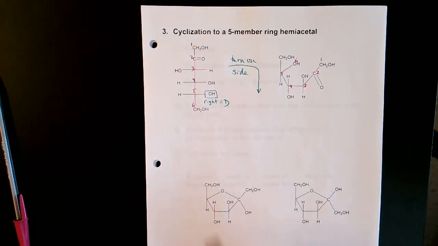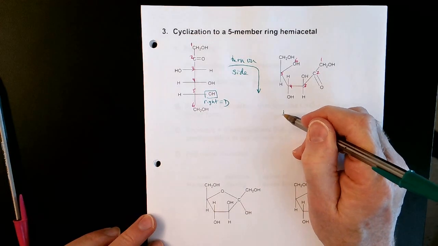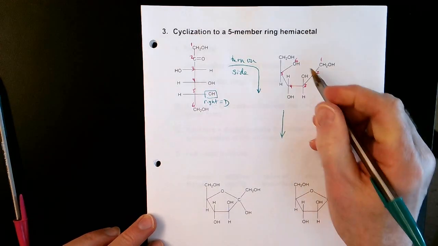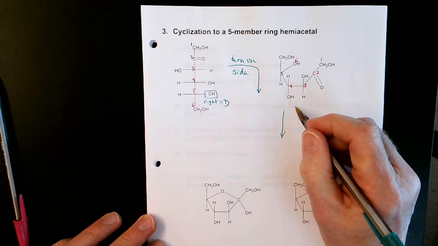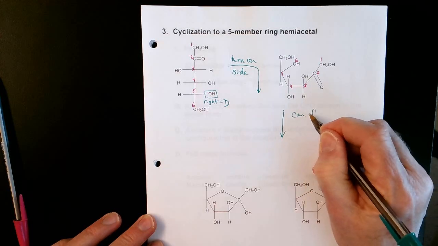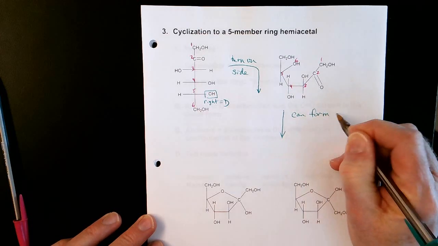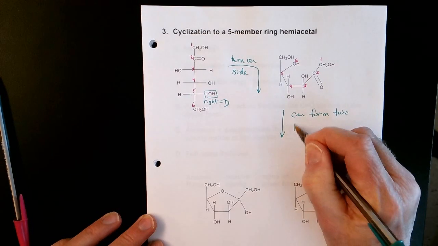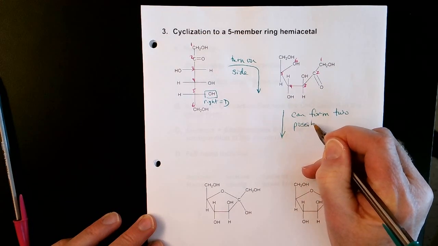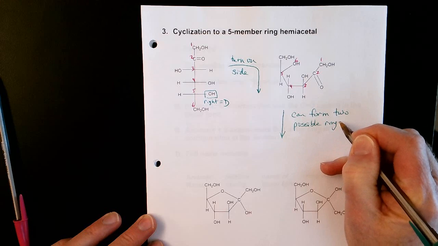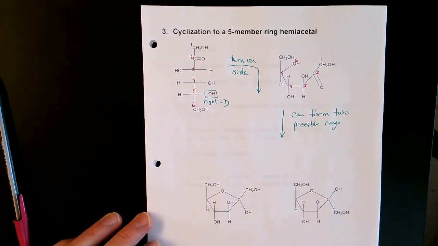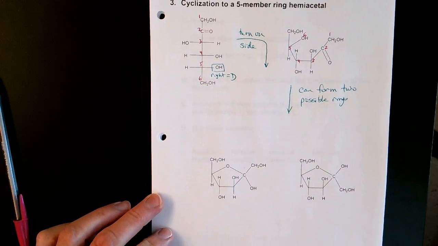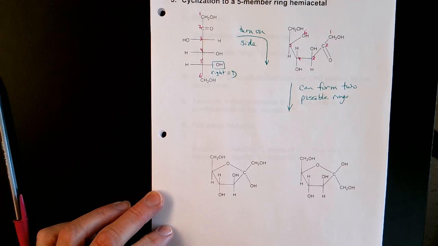All right, so once again, the story is that this version that you've bent right here can now form, there are 2 options, 2 possible rings. And I guess the challenge right here is to notice the difference in ring size.